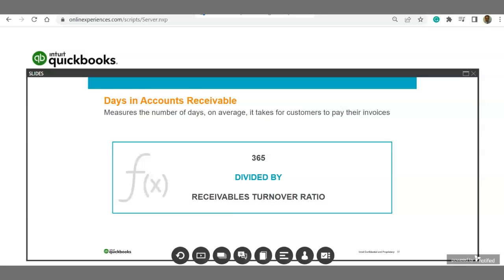Okay, our next KPI gives you the number of days on average that it takes for customers to pay your invoices. So for this KPI, you're going to take the number 365 because that's how many days are in a year, and you're going to divide it by that receivables turnover ratio that we just calculated in the ratio right before, which is credit sales divided by AR, remember?